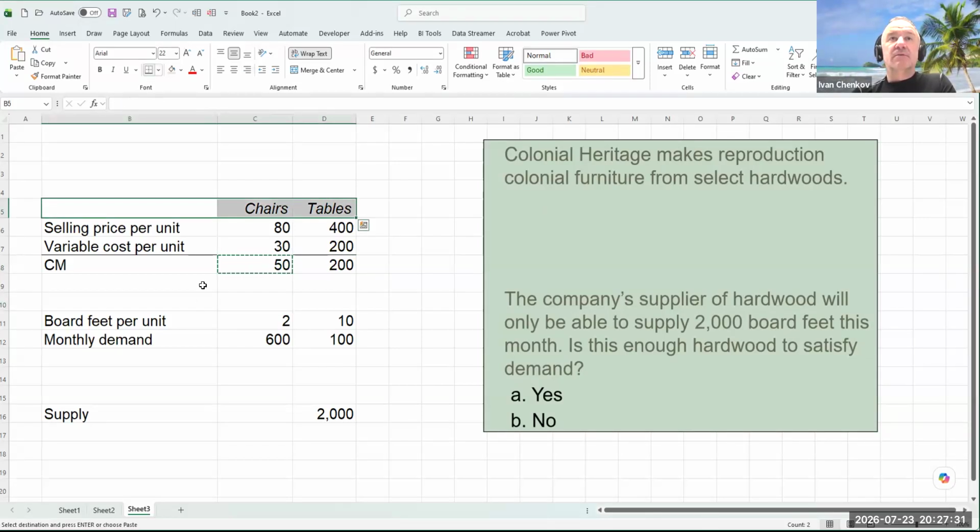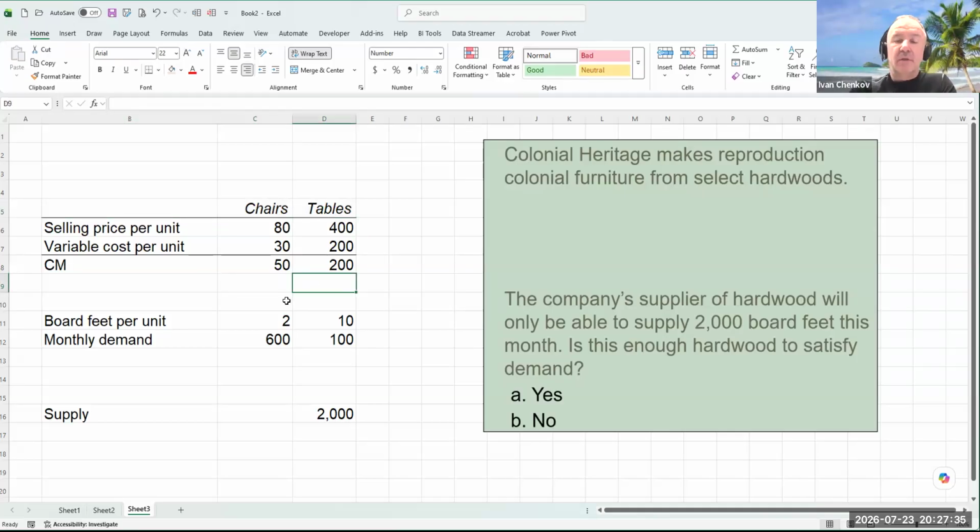And that's what we have. At this point, our winning product is obviously the table with the highest contribution margin. And the second ranking product is the chairs at this point.